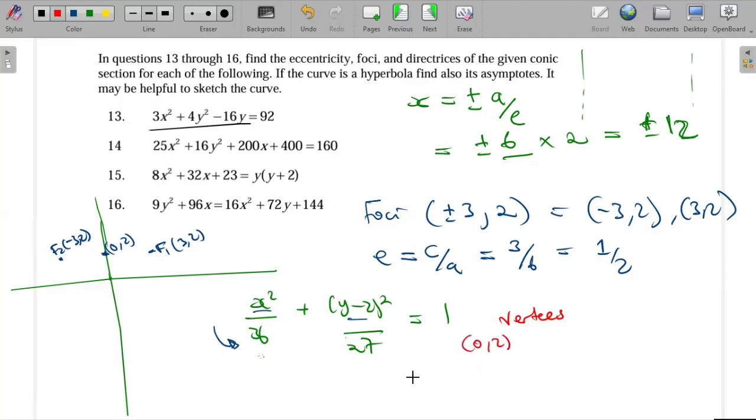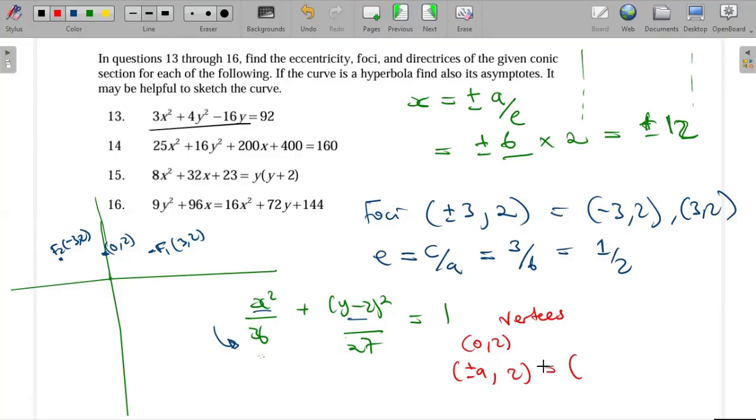To get those vertices, you're adding in your major axis, in this case the x-axis. So you're adding plus minus A, comma, whatever is there, which is 2. Here it's 0 because when you add plus minus A, it's just going to give you A. And then there is 2.